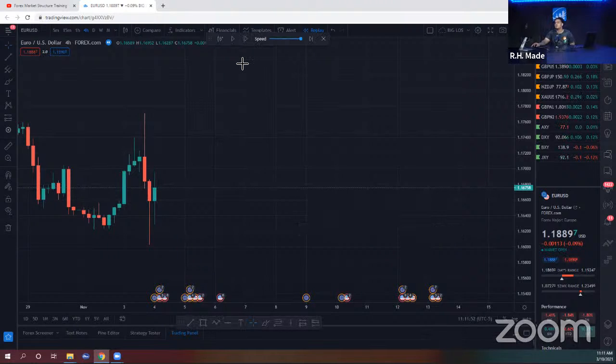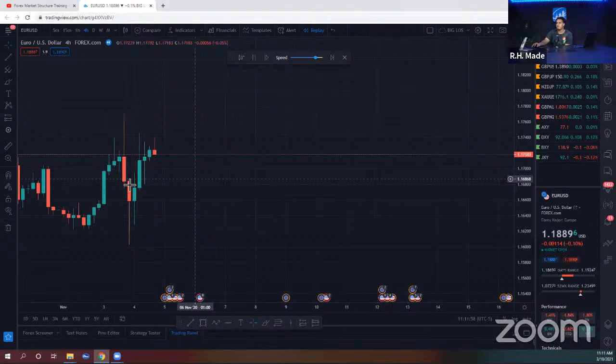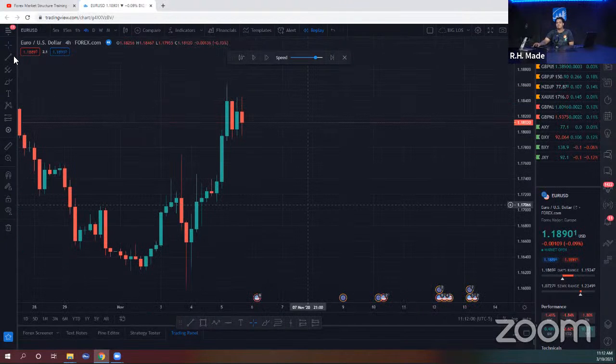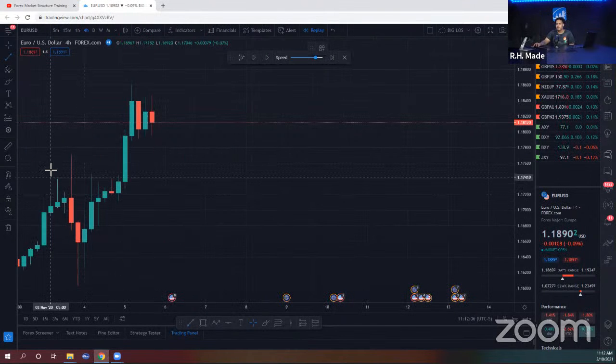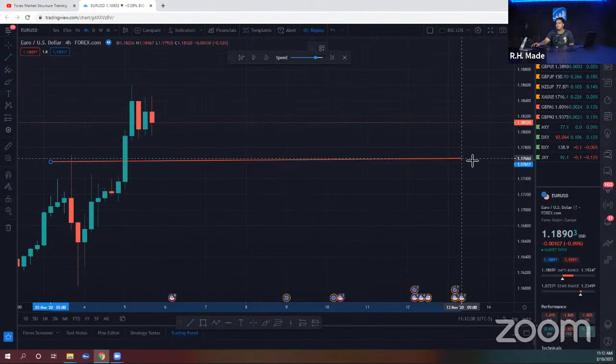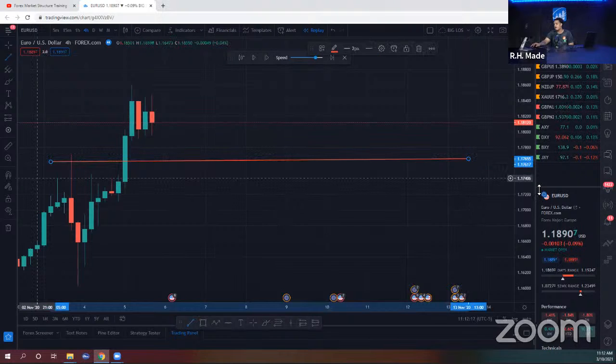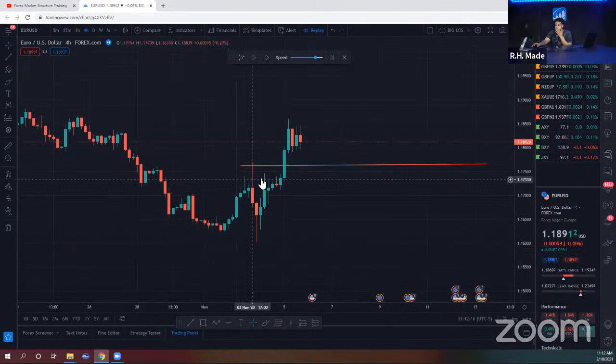All right, there we go. So we have the start of an uptrend occurring as we speak. As you see, the previous high was broken. So what you want to do is put your resistance line right at the previous higher high. This is labeled a higher high simply because it's higher than the previous high.